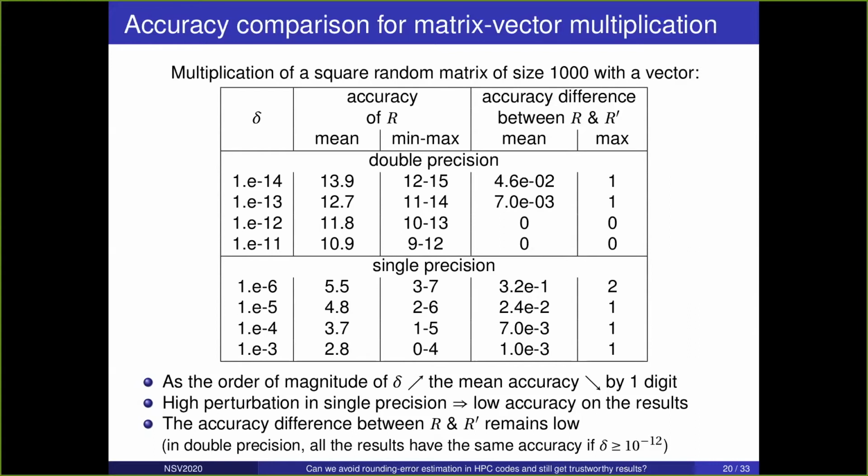And again, as expected, a high perturbation in single precision results in a low accuracy on the computed results. And you can see that the accuracy difference between R and R prime remains low. And in particular, in double precision, all the results have the same accuracy if delta is greater than 10 to the minus 12.